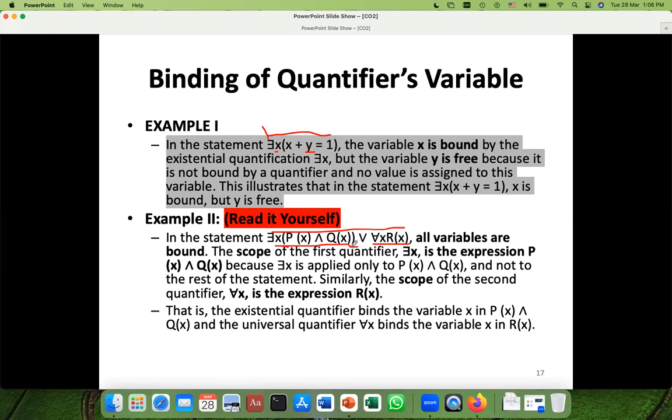Scope means lifetime: from which time to what time that variable is existing. And then the quantifier for every has a scope only in this part. By the way, it is written here, read it yourself, but I have explained.